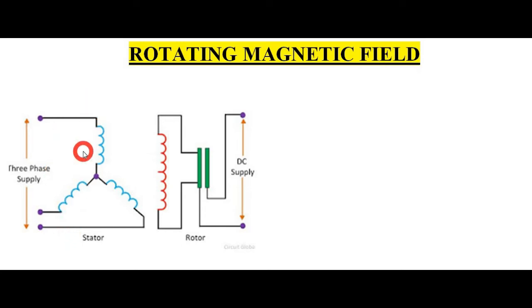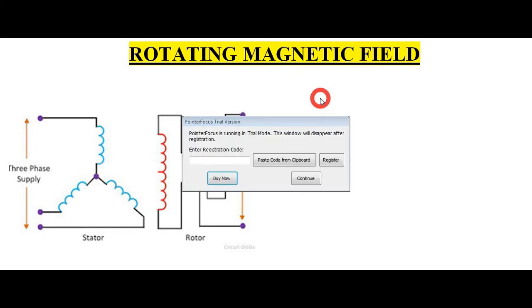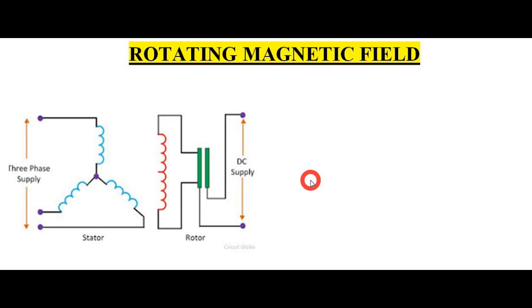Coming to the RMF, it mainly depends upon the synchronous speed. Ns is the synchronous speed. Ns is equal to 120 f by p. Note down this point, very important. Ns is equal to 120 f by p.